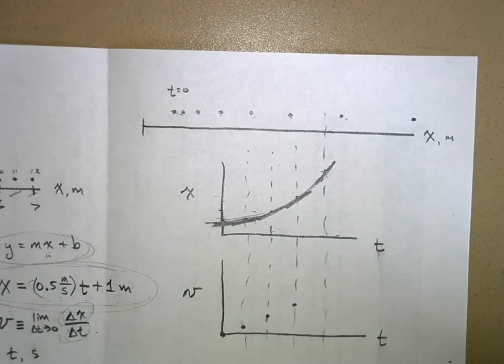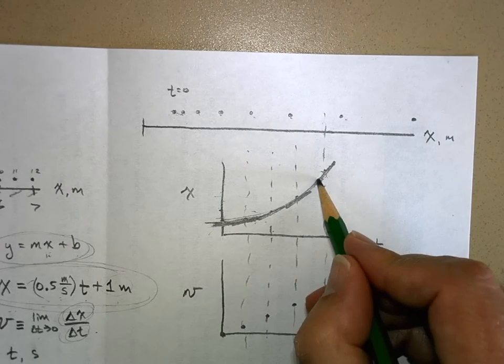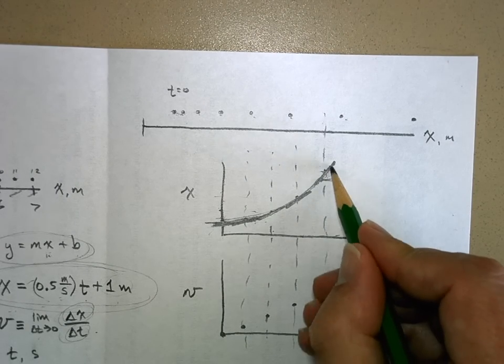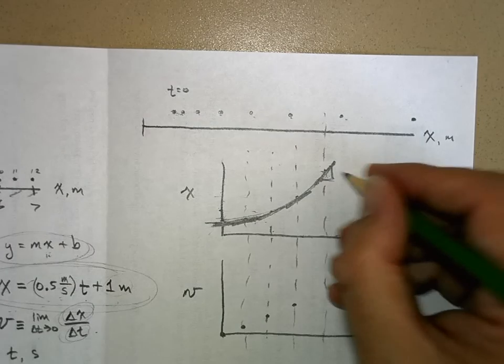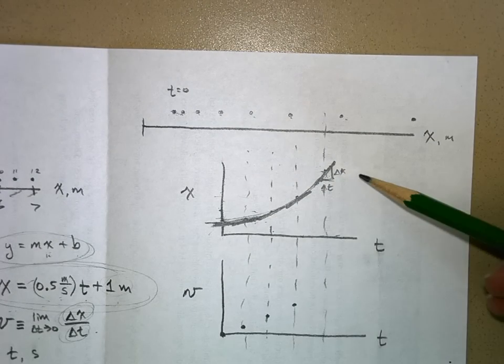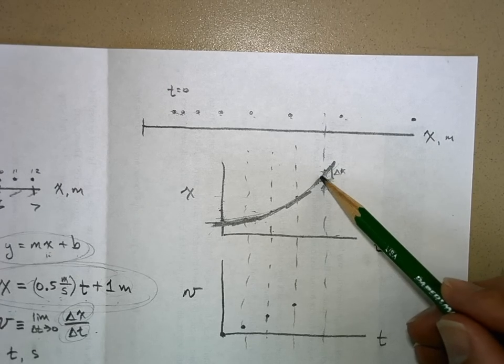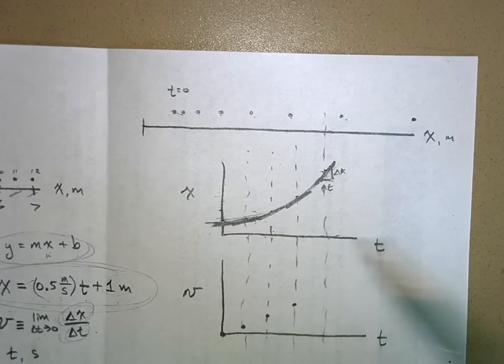So what I do is I draw a tangent line on this, and I do a little slope triangle for that tangent line to figure out the delta x over delta t, and that tells me what the instantaneous velocity is, how fast I'm going right at 1, 2, 3, 4 seconds.